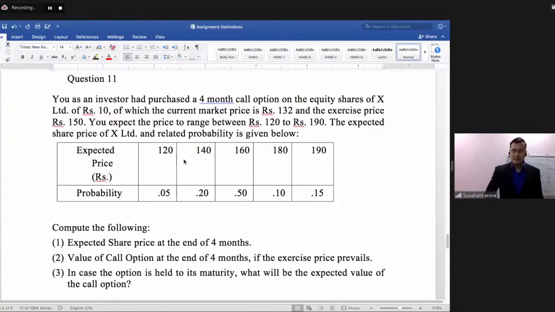You can either buy a call option, but that will increase your cost, since you are paying a premium, so your cost of buying increases, or you can short a call. You can short a call option, but the number of shares that you have should equal the option lot size. Then you can do it. Okay, clear?